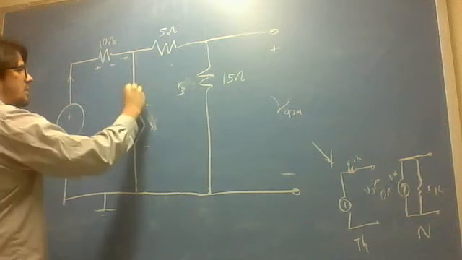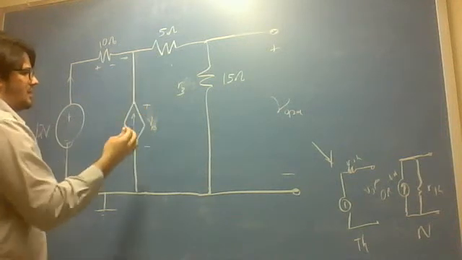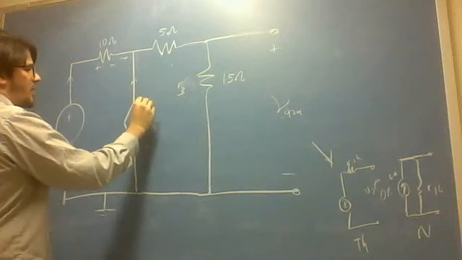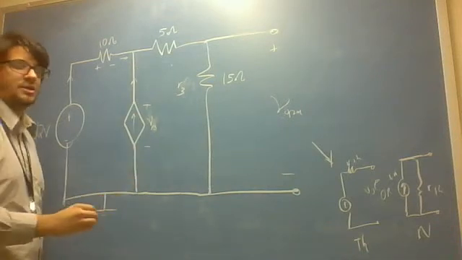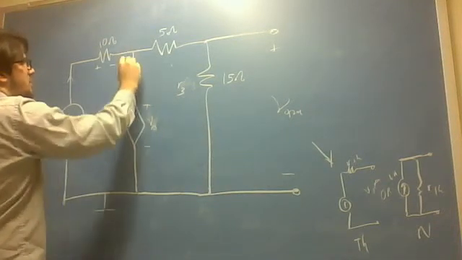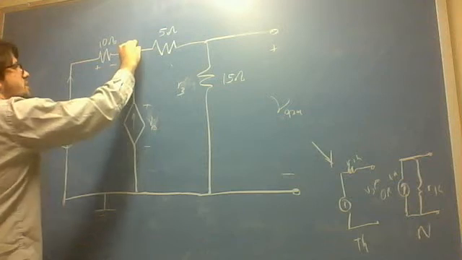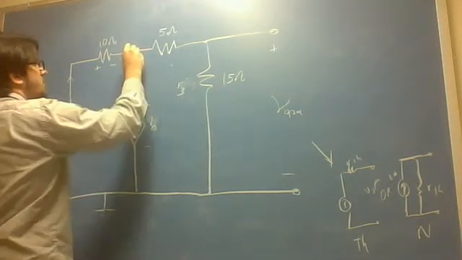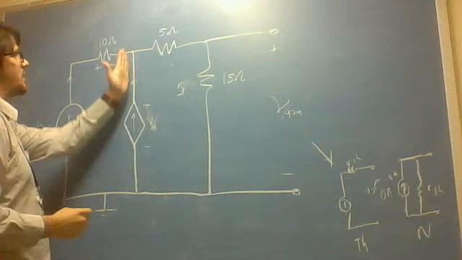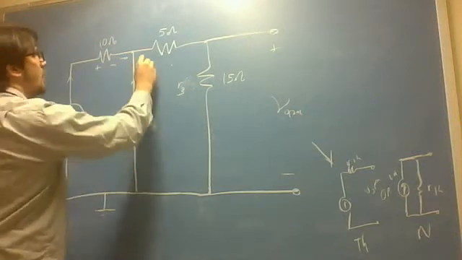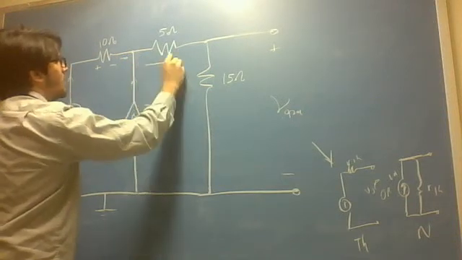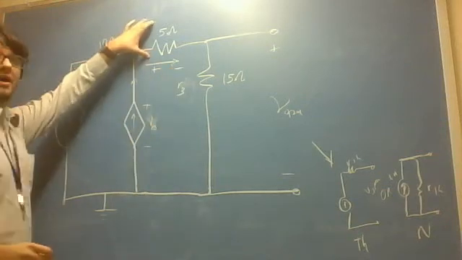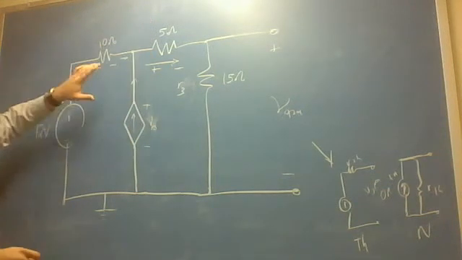So, it's confusing because even though the current's going up, you have the positive here and a negative here. So you have two currents going this way and that way. Logically, at each node, it's going to have to add to zero, right? So at this node, it's going to add to zero. That means that because two of them are going in, one of them has to go out. So we have a current going this way, which means there's a plus minus polarity on the 5 ohm. Let me go back a little bit further.